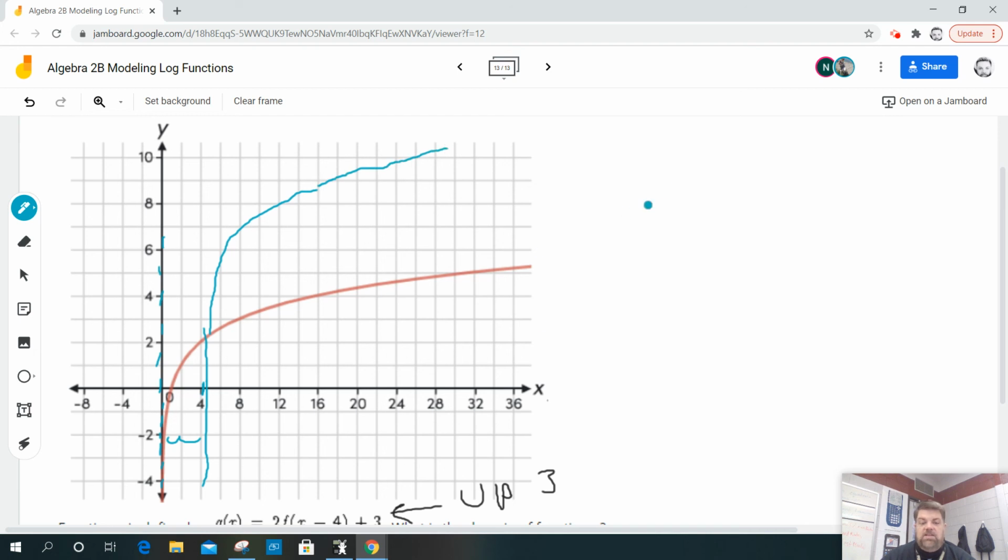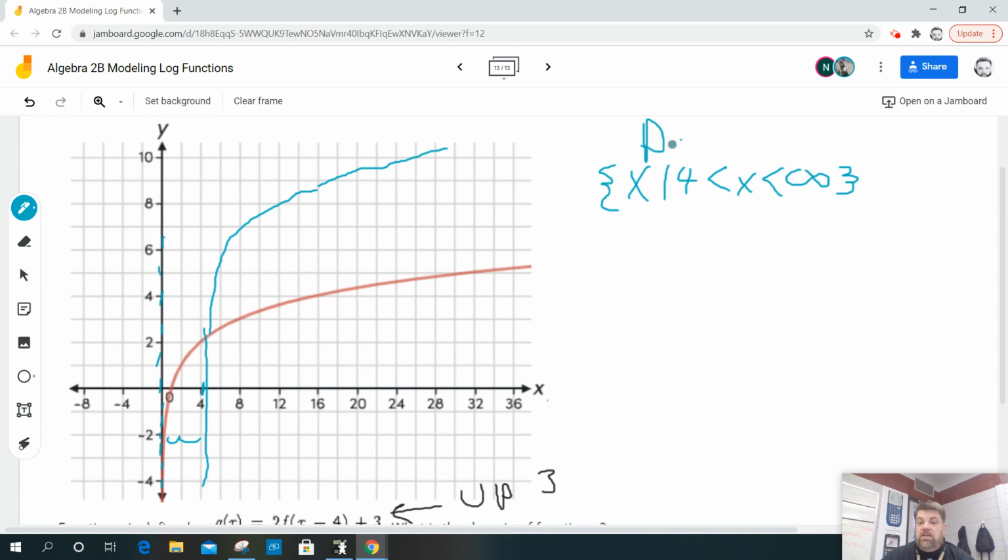The domain is going to be from 4 to infinity. So this is the domain of x, all possible values of x, such that x exists from 4 to positive infinity.